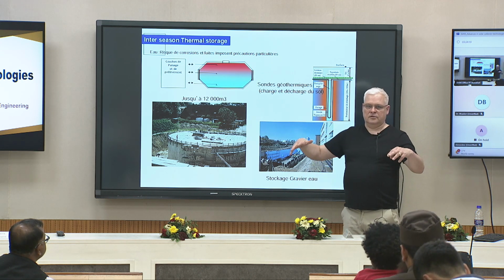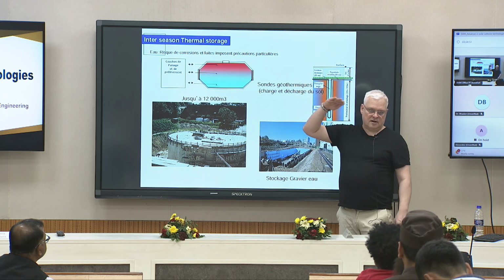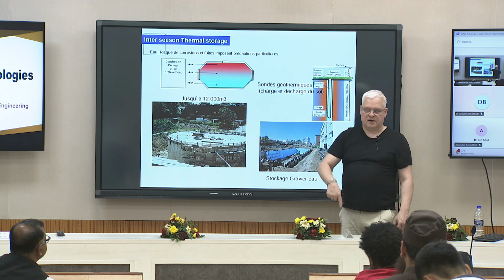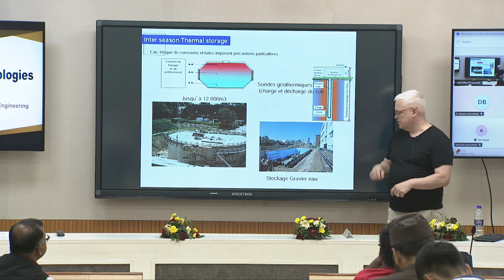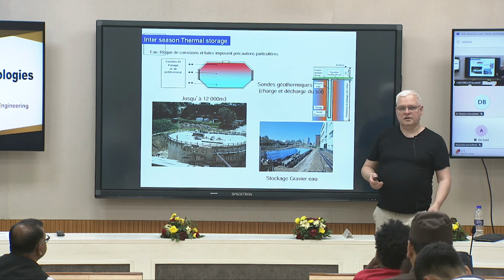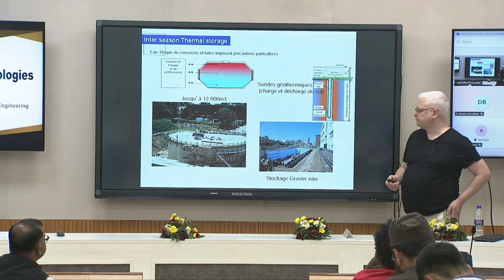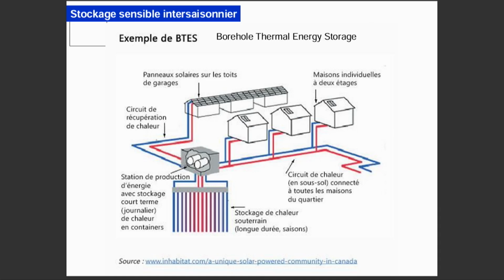So at the scale of a district, each building that is generating heat during summertime injects it underground, and then it is the reverse circulation for winter. Okay. Example here, it's in Zurich. It is hybrid photovoltaic thermal collectors that are used for both electricity generation and injection of heat in the ground. And so there's a mix between electrical and thermal.